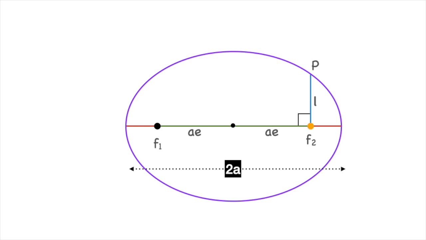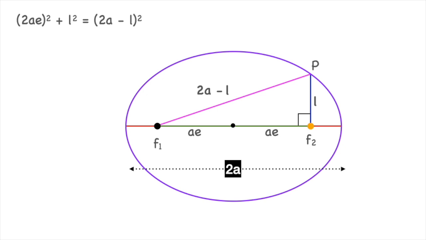Getting back to our diagram, if we draw a line from P to F1, we immediately realize that its length must be 2a minus L, based on one of the defining features of an ellipse. Now, from the Pythagorean theorem, we get this equation. Let's do a little algebra.